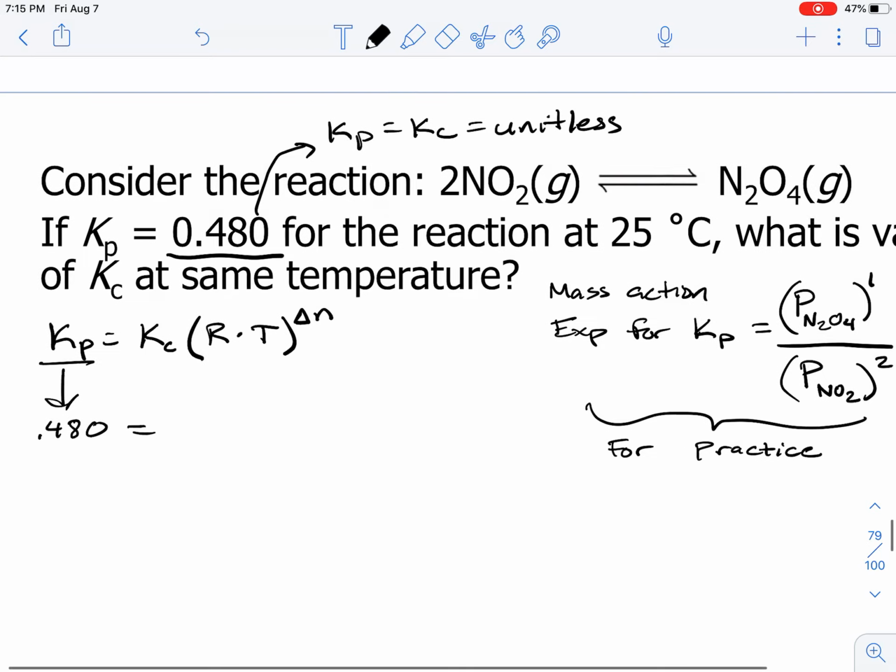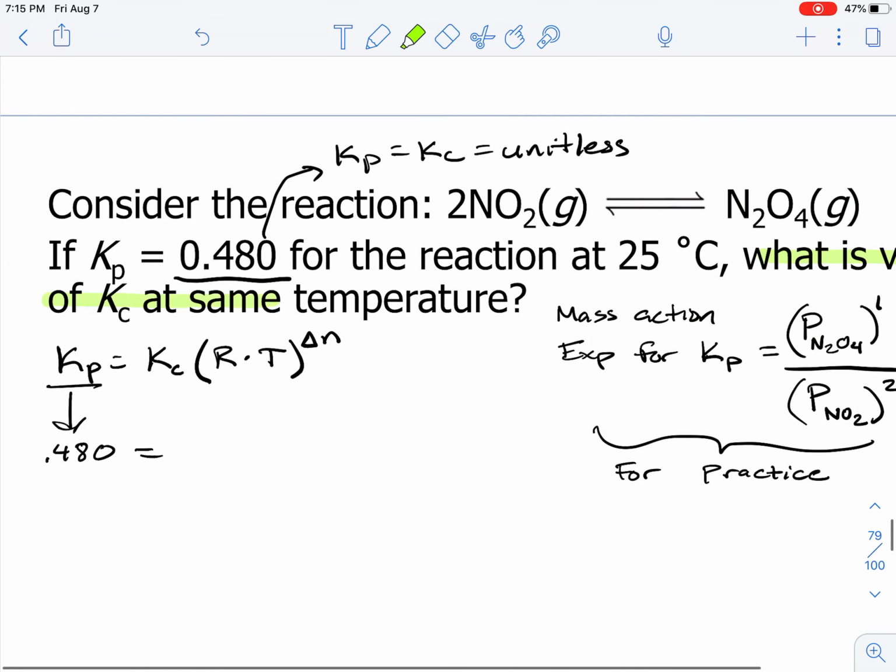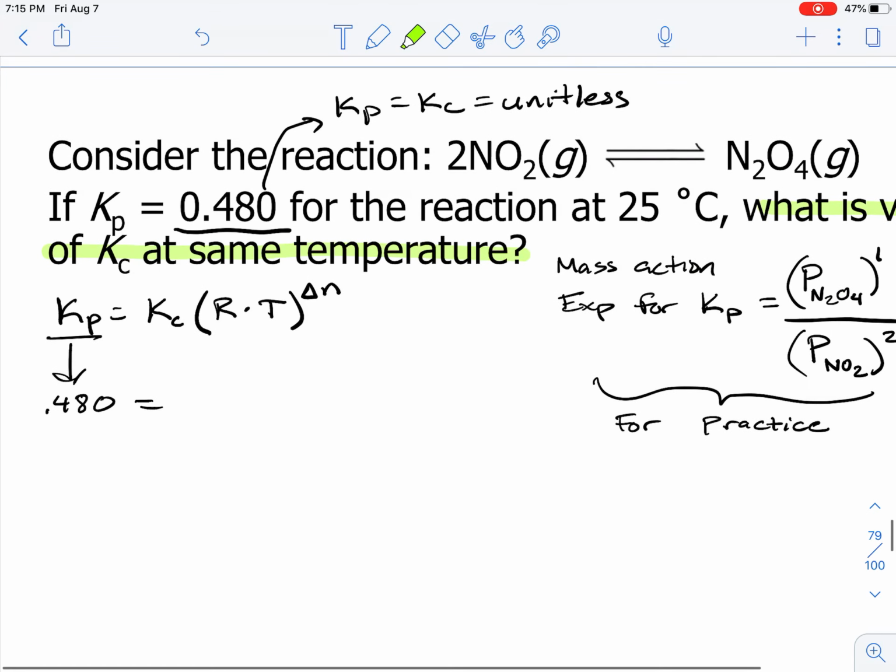And the question is asking us to determine the value for Kc at the same temperature. And so Kc is going to be my unknown. I know that my R is going to be 0.0821 liter atm per mole Kelvin, that's my unit. Times this by temperature.